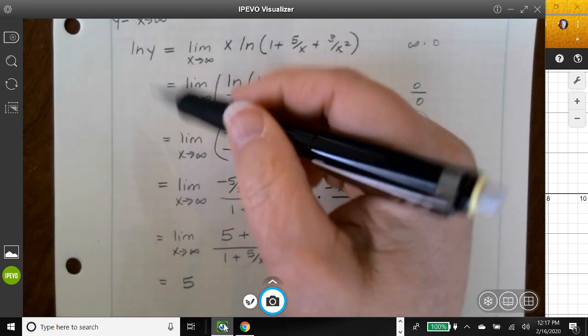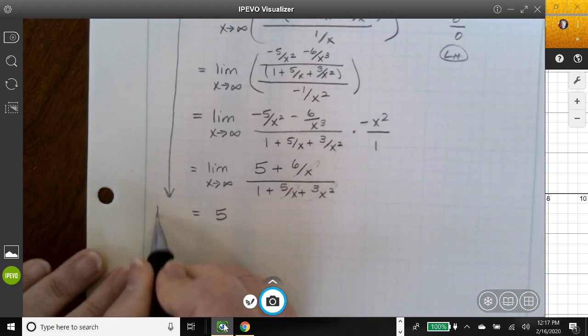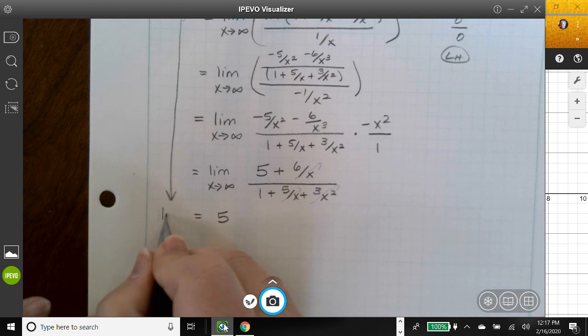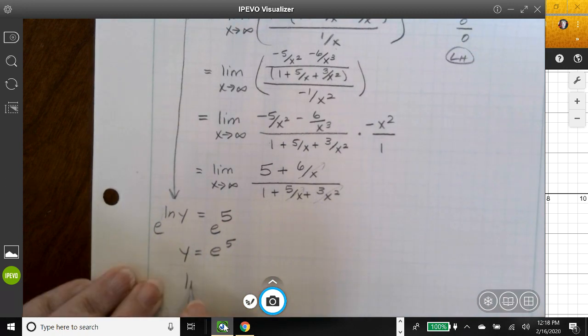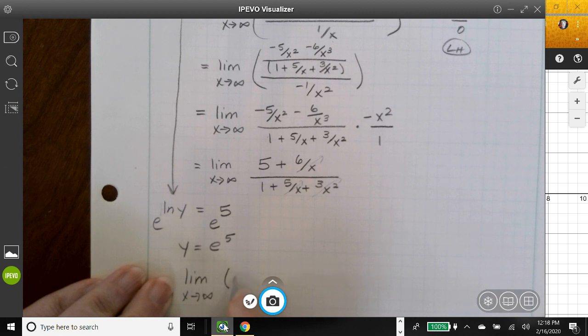But I have to remember that I took the natural log of this expression in the very beginning, so that's the natural log of y, and I exponentiate, and I get y equals e to the 5th. So my limit as x approaches infinity of 1 plus 5 over x plus 3 over x squared raised to the x is equal to e to the 5th.